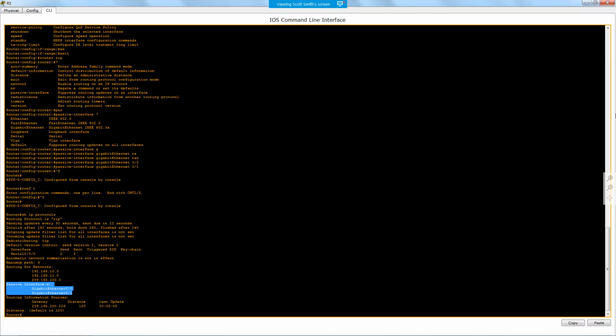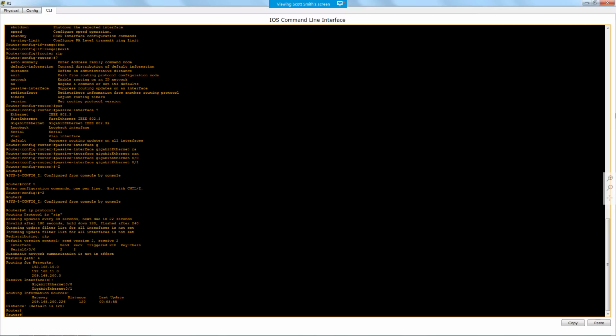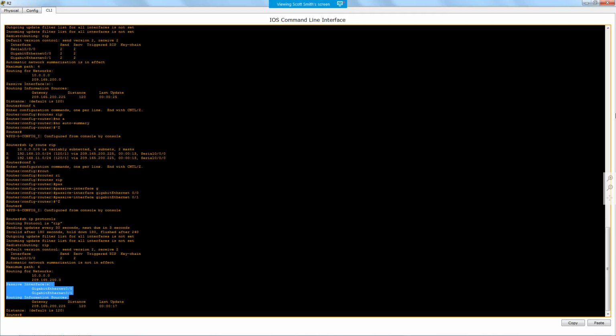Just the interfaces are passive. You guys don't have to run the debug. I only put the debug snapshot here because the debug will tell me that I'm only sending out updates on Serial 0/0/0 and I'm sending version 2 updates to 224.0.0.9. Okay?